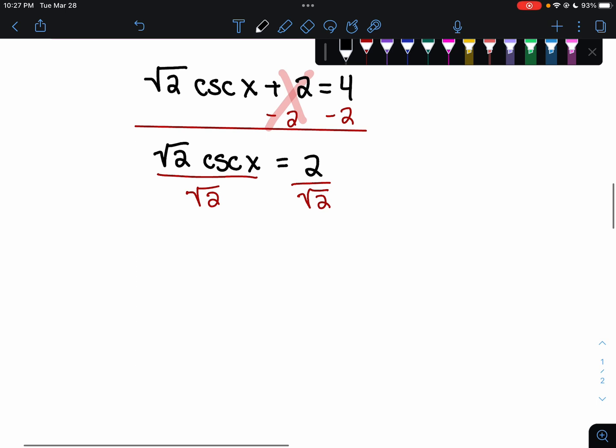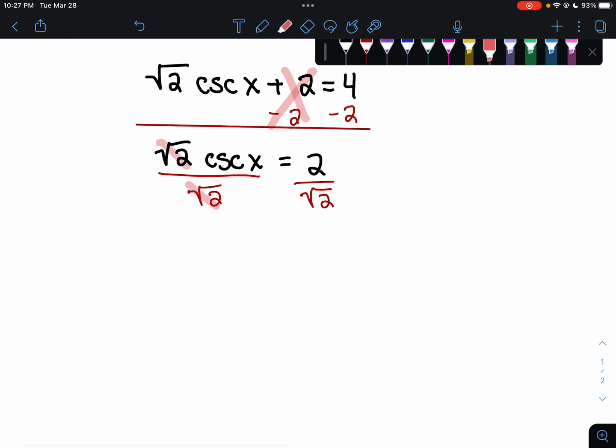When I divide both sides by the square root of 2, those make a 1 or cancel out. We get cosecant x is equal to 2 divided by the square root of 2. Now, before you start trying to mess with the fraction, we actually have not been working with cosecant when we do the unit circle.